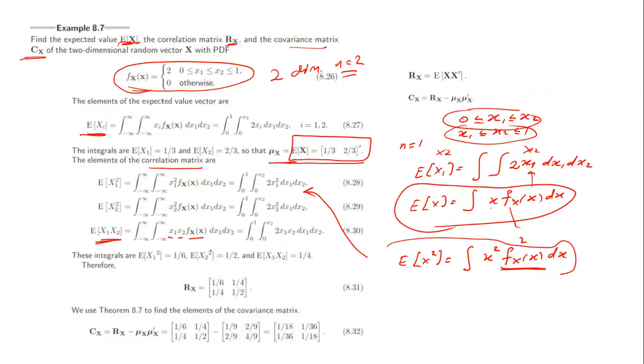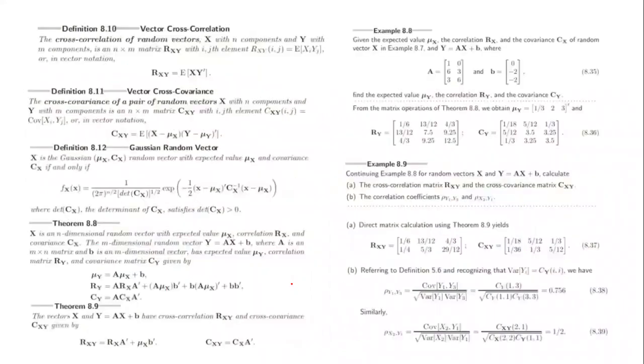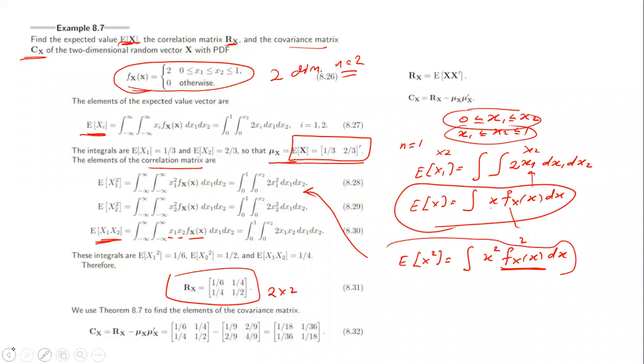We need mathematical calculations to find the correlation matrix, and as you see, the correlation matrix is found as a 2 by 2 matrix as expected. And then the covariance matrix can be calculated by using this correlation matrix and the expected value vectors. That's matrix algebra. There's nothing complicated here.